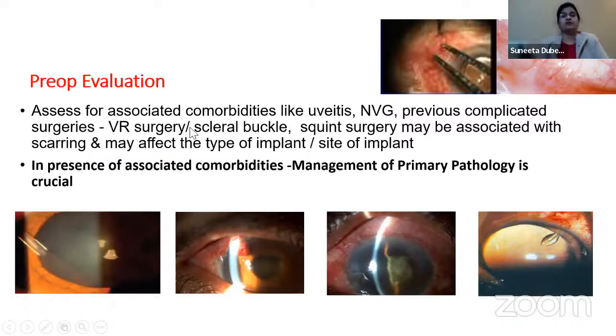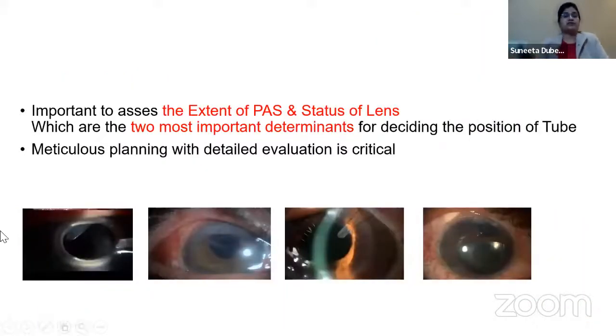One needs to assess for associated comorbidities like uveitis, neovascular glaucoma, previous complicated surgeries like VR surgery, squint surgery, which may be associated with scarring and may affect the type of the implant and the site of implant. And also the presence of vitreous in AC or neovascularization or inflammation needs management of the primary pathology to prevent post-operative complications.